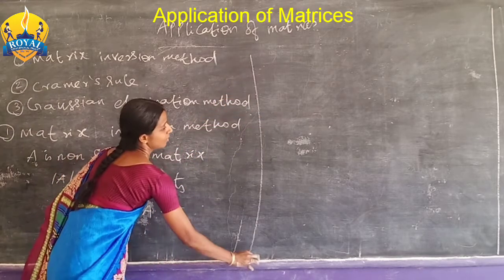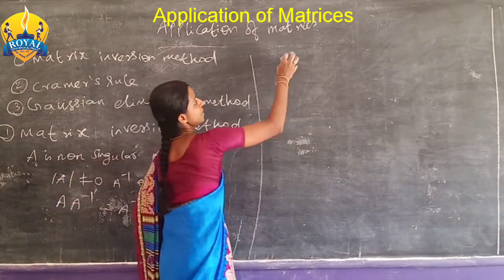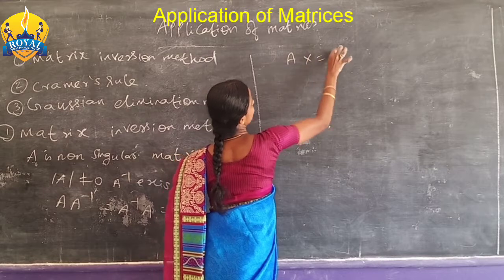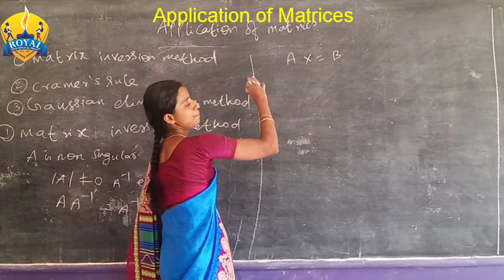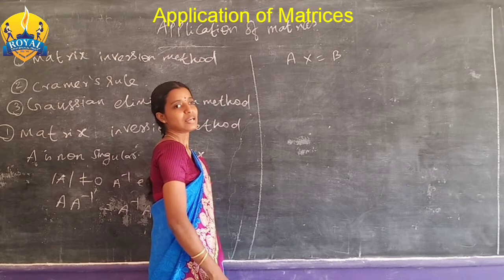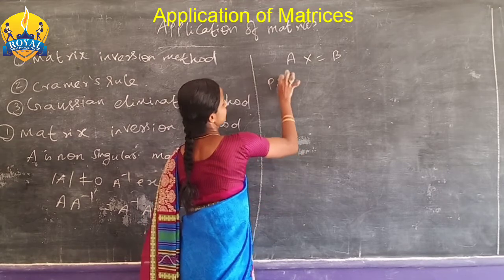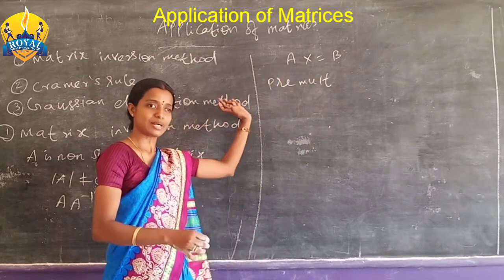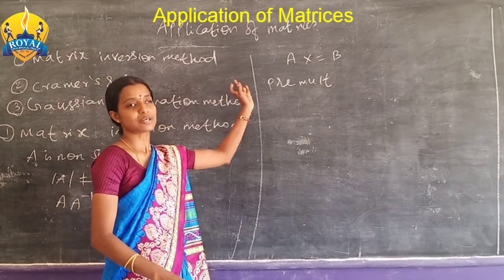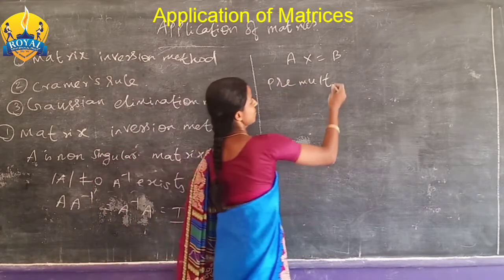Now, I have my matrix form as Ax equal to B. Let me pre-multiply by A inverse on both sides. Pre-multiply means you multiply before; post-multiplication means you multiply after.